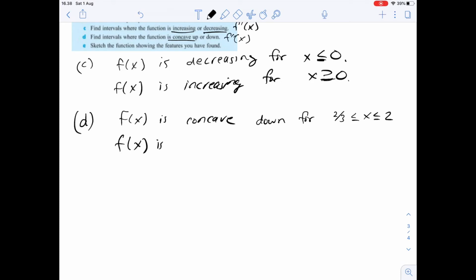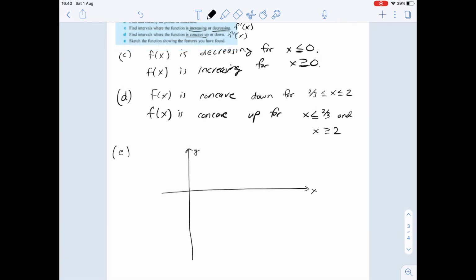And f of x is concave up for x less than or equal to 2/3 and x greater than or equal to 2.